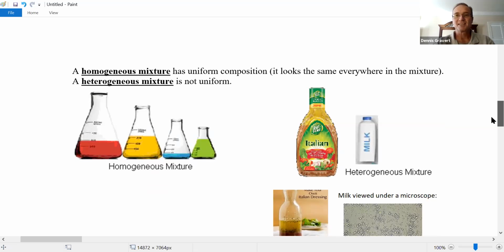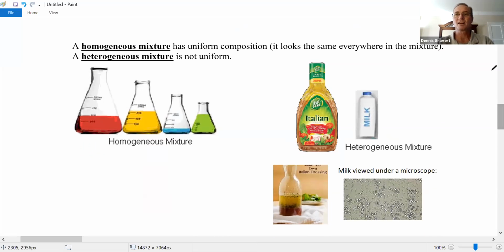Here's another idea. We have something called heterogeneous and something else called homogeneous. What's the difference? Many of our solutions are uniform throughout. Usually that means you can see through them, but not always. These are colored solutions, but I'm hoping you can see that this part of the solution, and every part, has the same consistency.